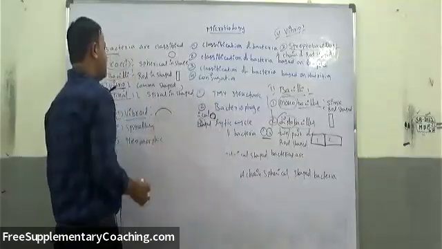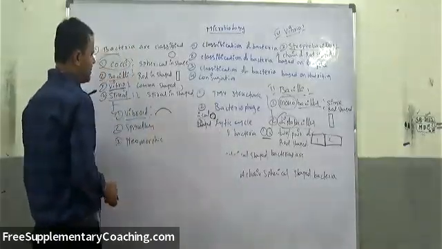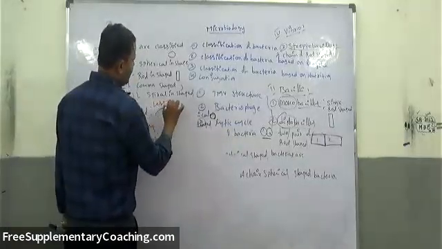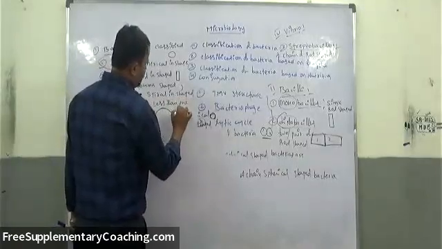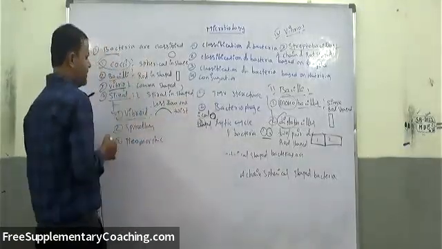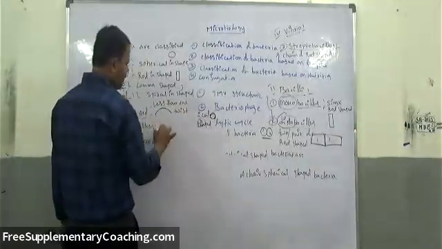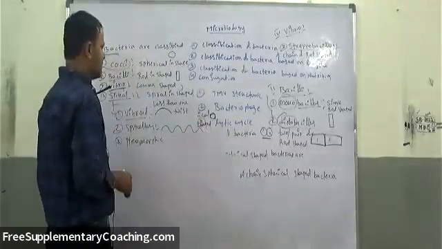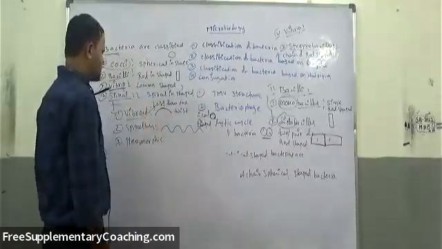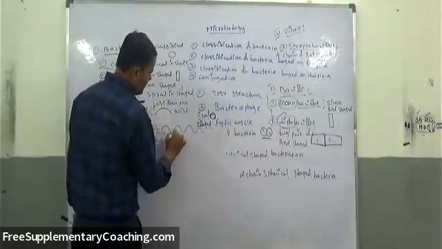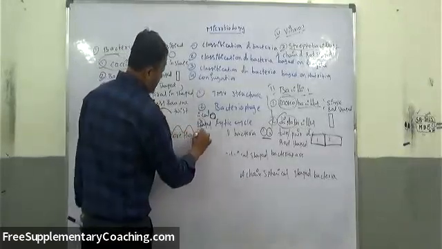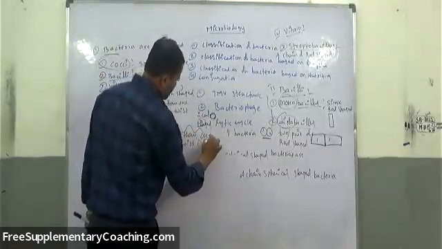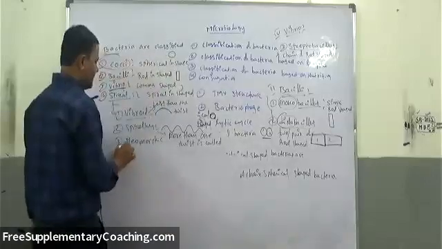That's why less than one twist is called vibrioid. Spirillum has more than one twist. Number of twists are there. So more than one twist is called spirillum.